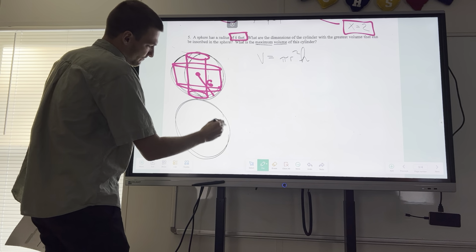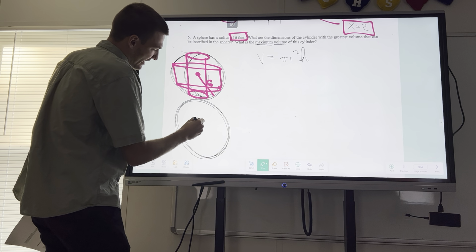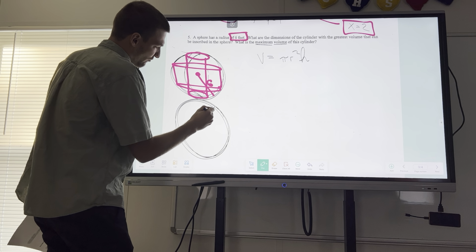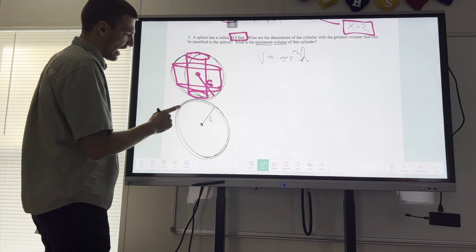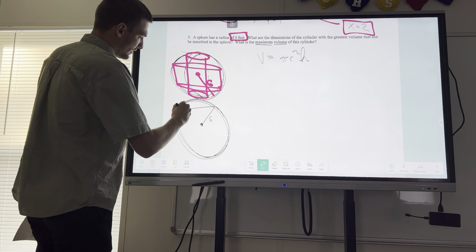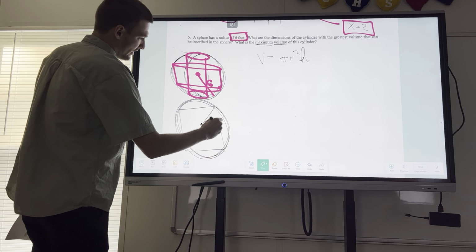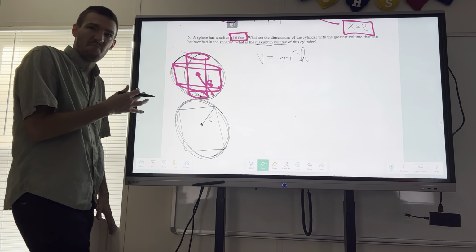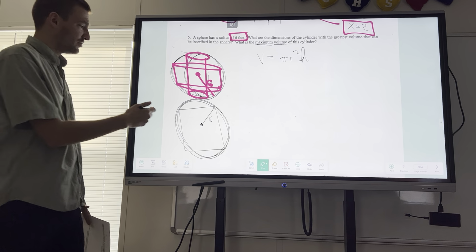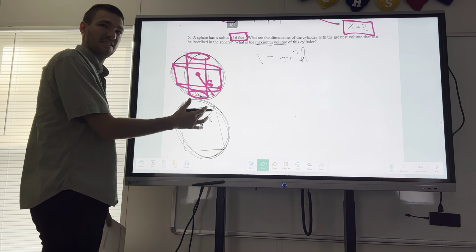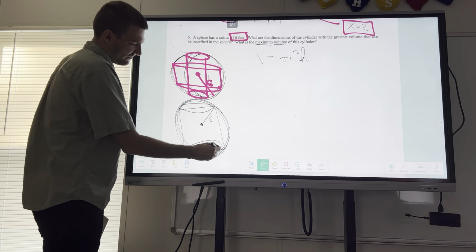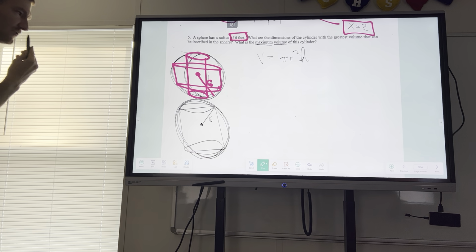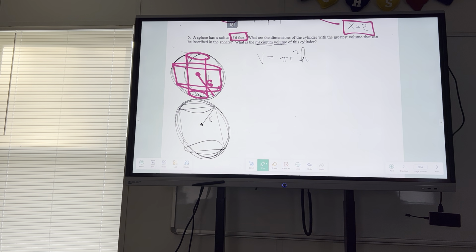Our sphere has a radius of 6, and our cylinder is going to use this 6 in a little bit of an obtuse kind of way, because we know that 6 is important there.